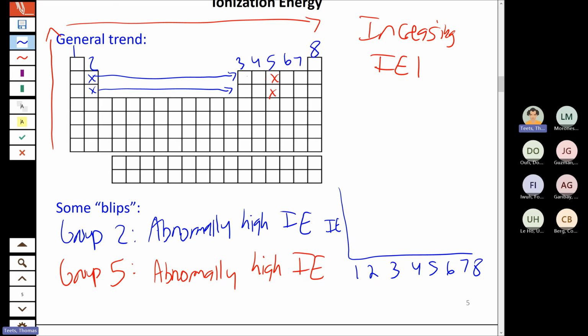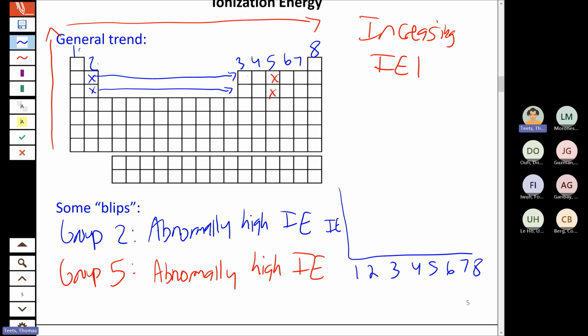There's different ways of numbering the columns, but this is one of the more common ones, to just number all the main group elements with numbers 1 through 8. And those are the only ones where we're going to really consider periodic trends anyway. Things get weird in the transition metals. So you really just need to understand this for those 8 columns of the periodic table, the first 2 and the last 6.